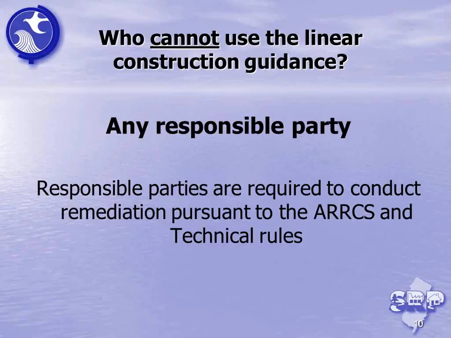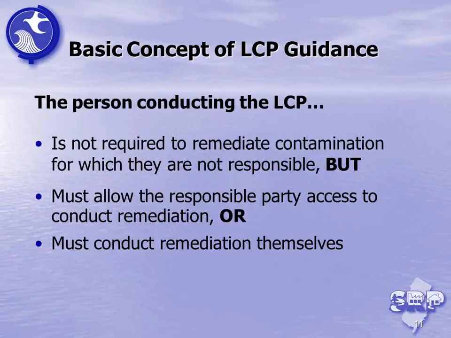All right. Next. So some of the basic concepts behind the linear construction guidance. The basic tenet is that the person conducting the linear construction project is not required to remediate contamination for which they're not responsible, but they must allow the responsible party access to conduct the remediation or conduct it themselves.